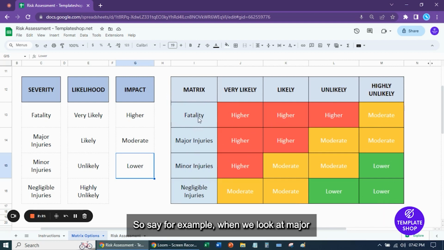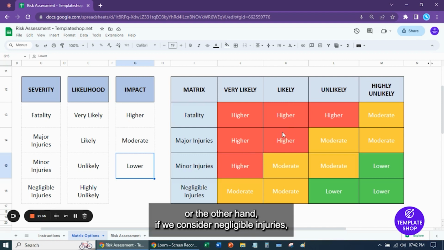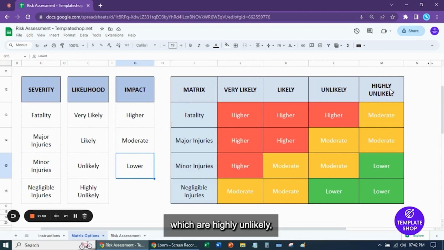So say, for example, when we look at major injuries which are likely, it's a high risk. On the other hand, if we consider negligible injuries, which are highly unlikely, the risk to the business is low.